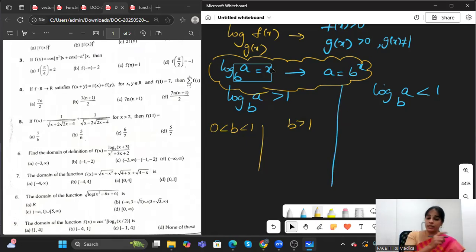The same is the case with the inequality. Now tell me from here, if the base is in between 0 and 1, if it is less than 1, my inequality should be changed, is what I said. So a will be less than b to the power 1. Just a minute.